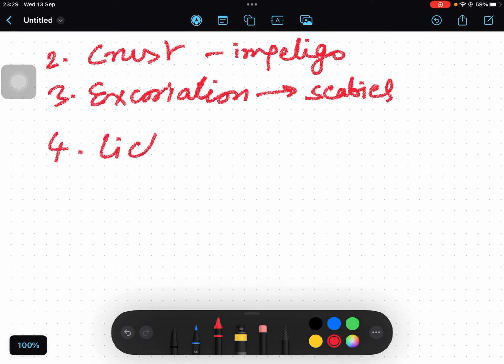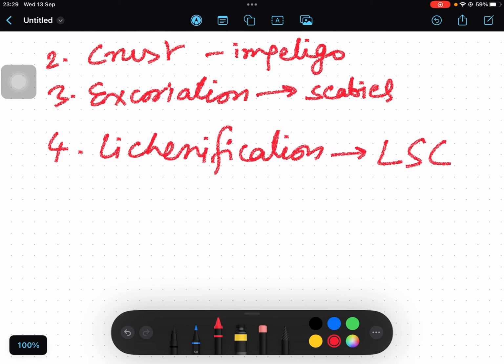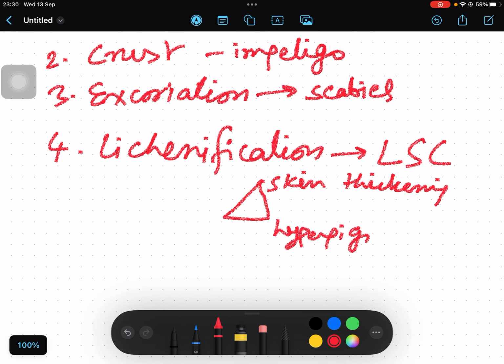The other one is lichenification. Lichenification is seen in lichen simplex chronicus, and lichenification is a triad of skin thickening, hyperpigmentation, and accentuated skin lines.